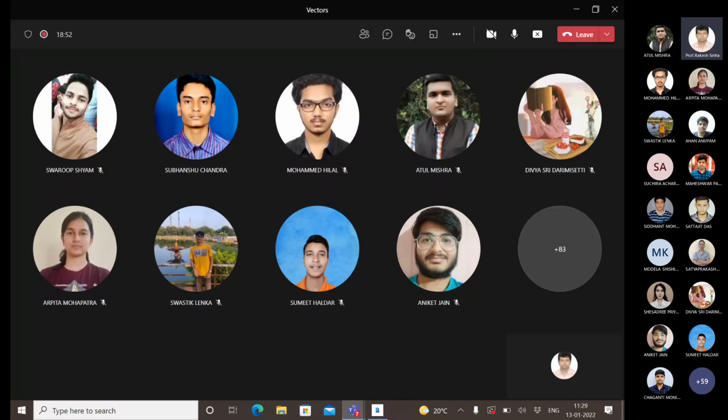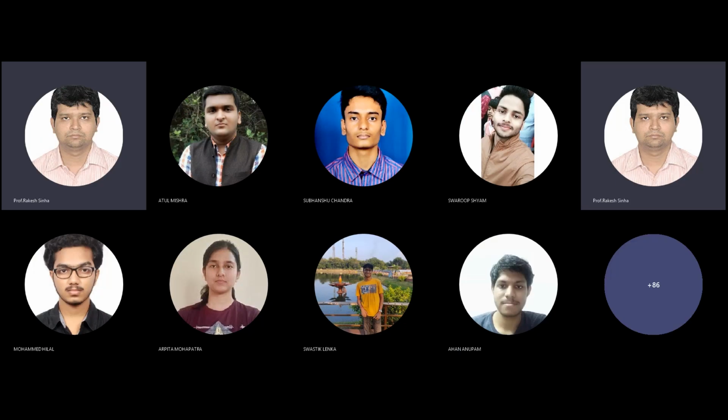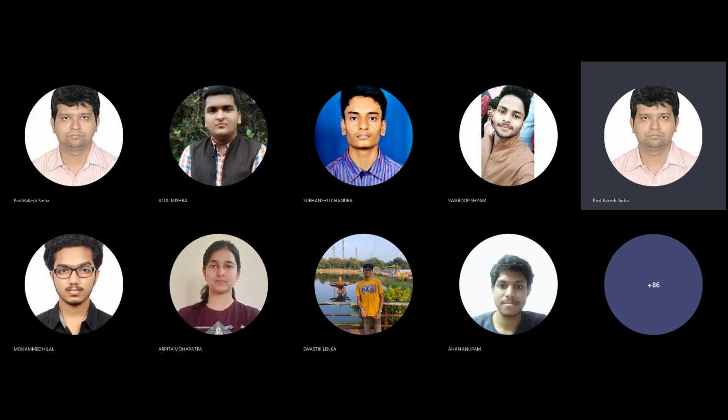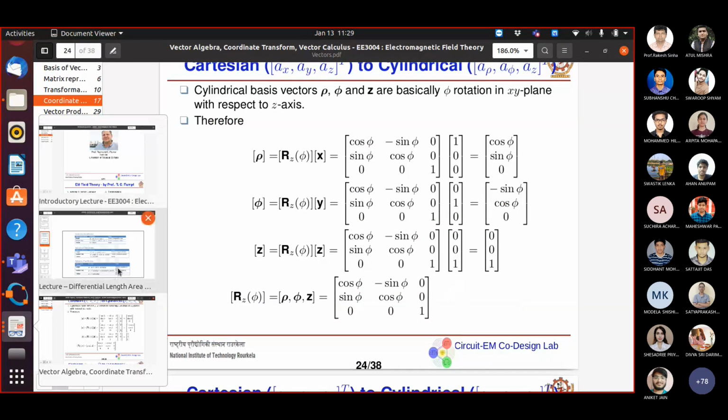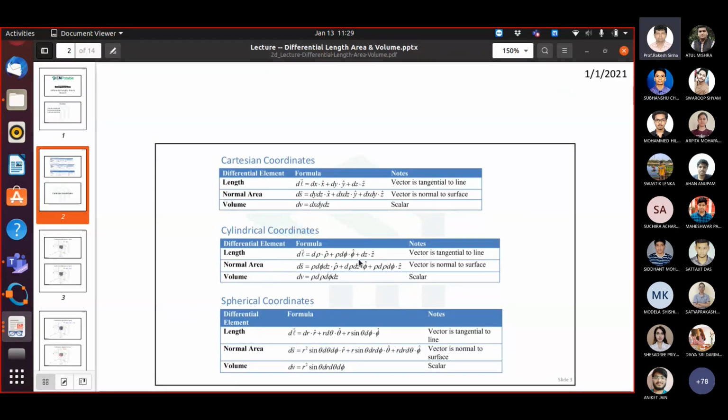Let me share this one. So you can understand how this differential length can be obtained from the Cartesian differential length.